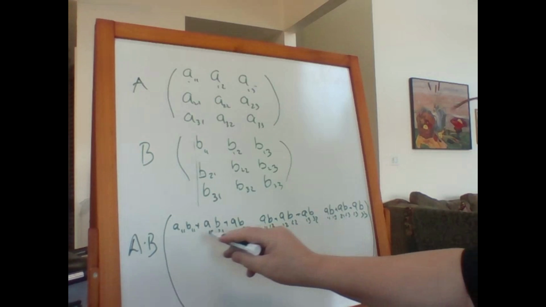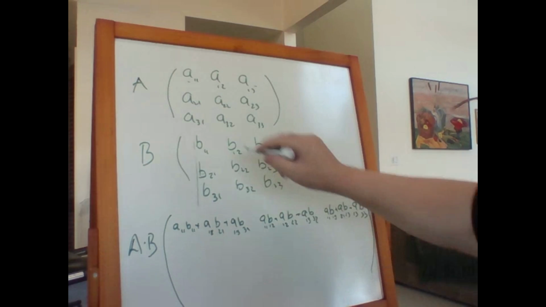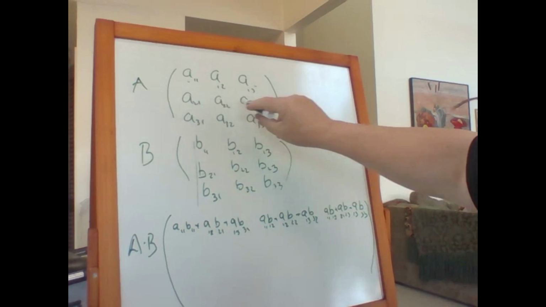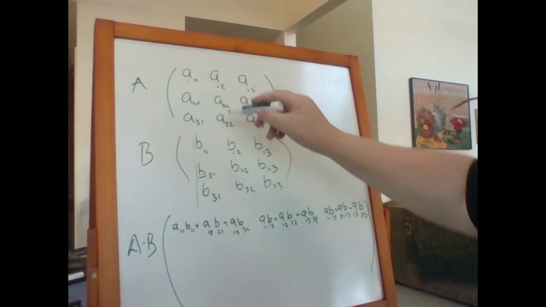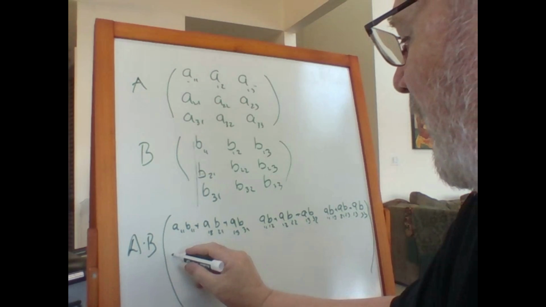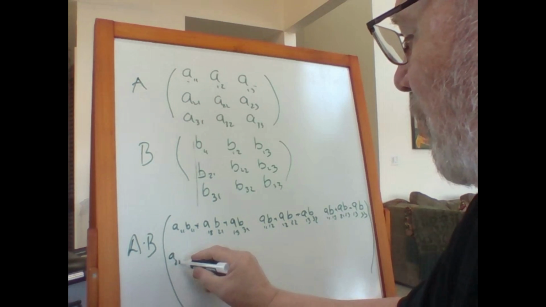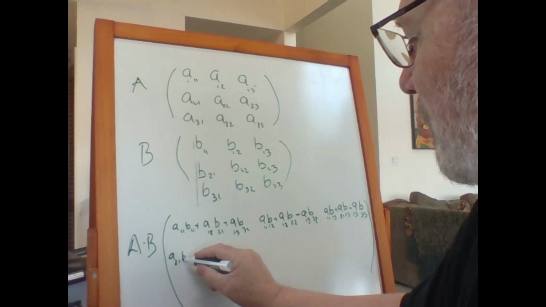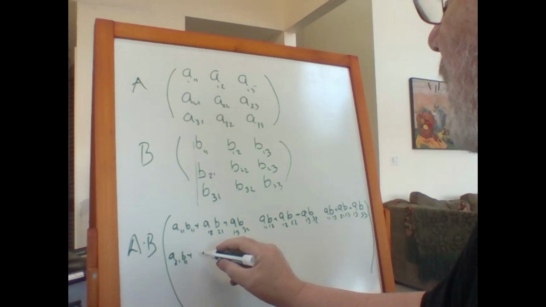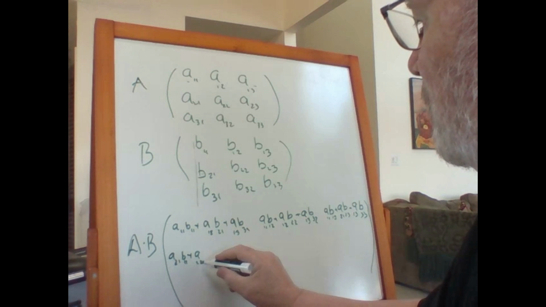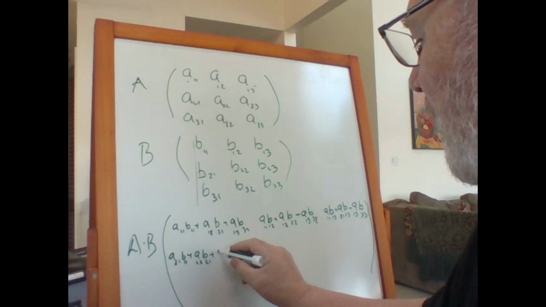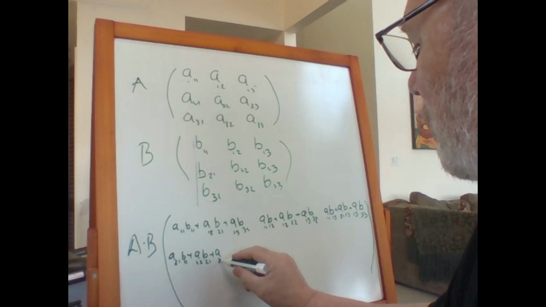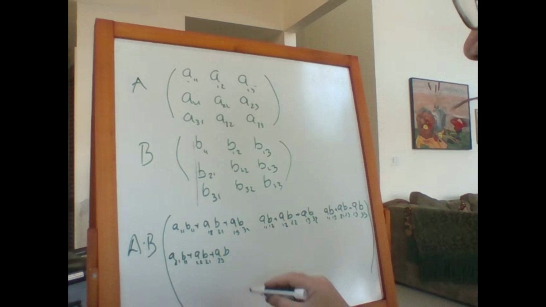Now we have to do our second row. We take each column and multiply it by the second row of A's. So we have A2,1 B1,1 plus A2,2 B2,1 plus A2,3 times B3,1.